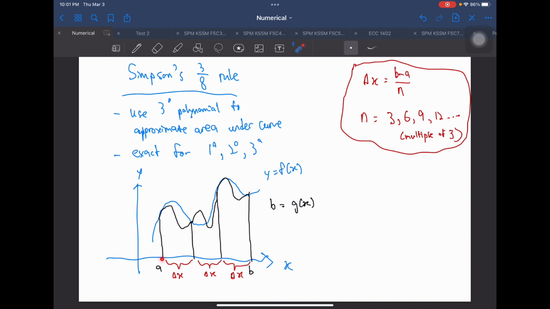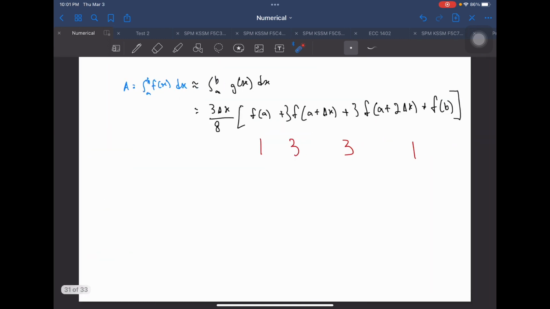So this is a, this is a plus delta x, this is a plus 2 delta x. Okay, so you just plug in here a plus delta x, a plus 2 delta x, and b, and you just need to remember the magic number for today, 1, 3, 3, 1. So basically we just plug in this formula to find the approximate area under the curve.